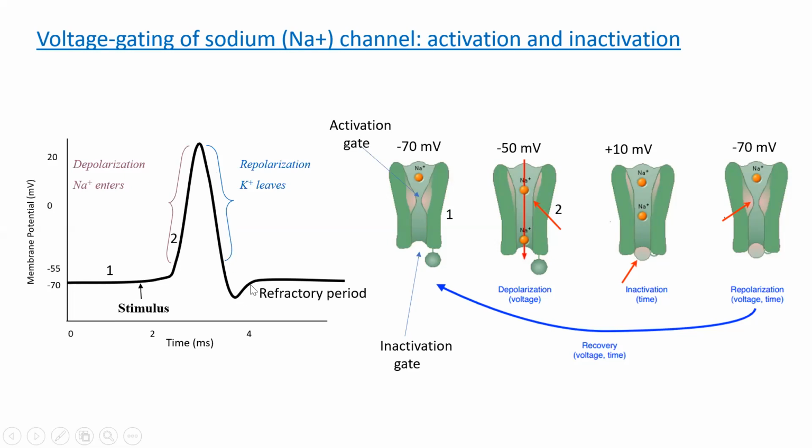So just looking at that again, at position 2, that's when the sodium activation gate opens and the sodium floods in. And position 3 is where the inactivation gate closes, and just a little bit of sodium flows in after that, just the remaining sodium which was present in the channel.